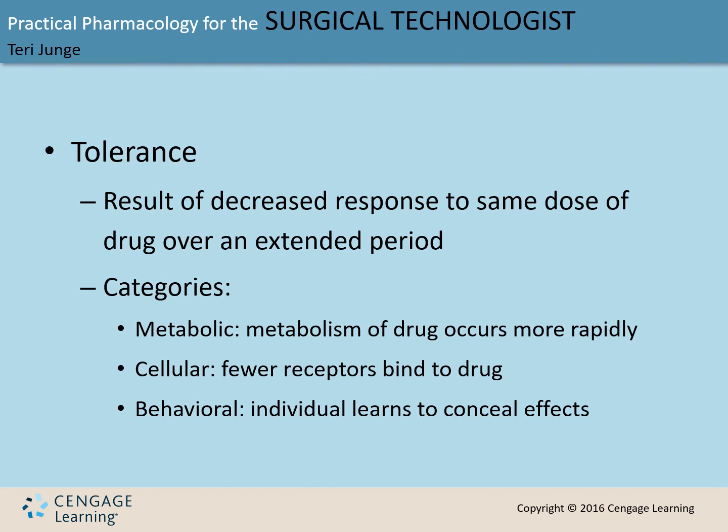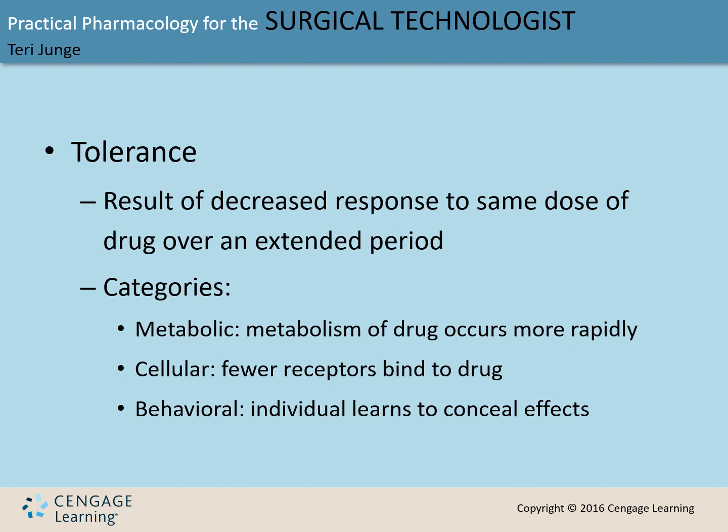And there's 3 different types of tolerance. The first one is referred to as metabolic tolerance, which means the drug is being metabolized more rapidly. And the second one is cellular tolerance. And this makes me think of the word insensitivity, like the receptors on the cell have become insensitive to the drug.